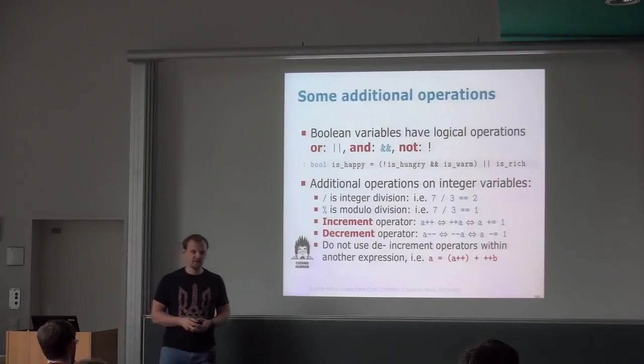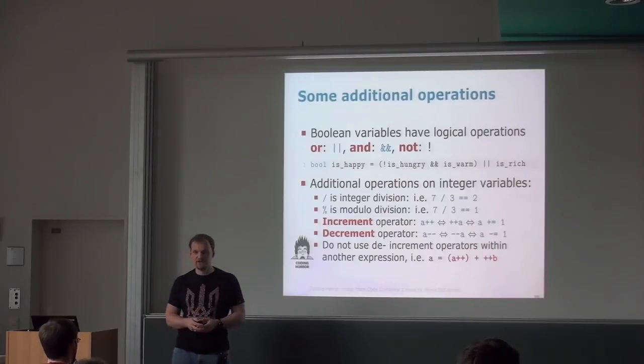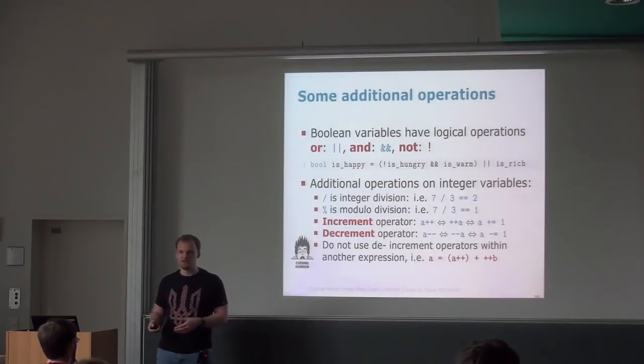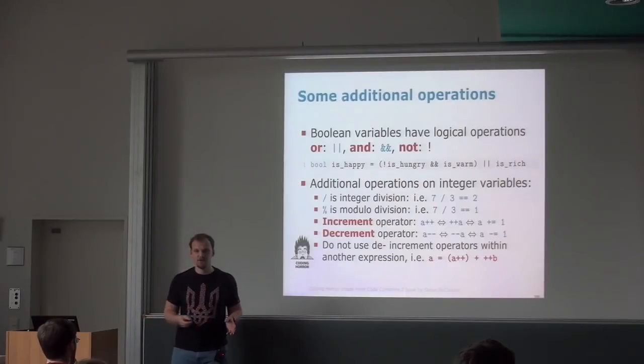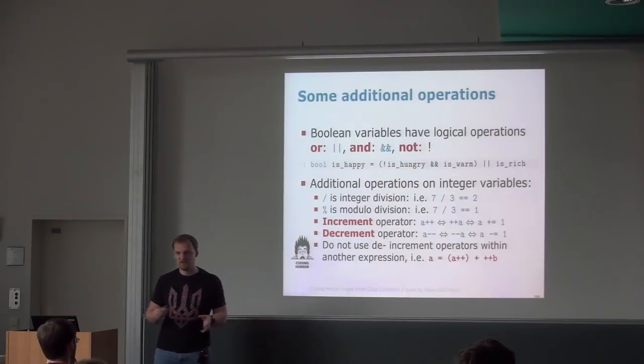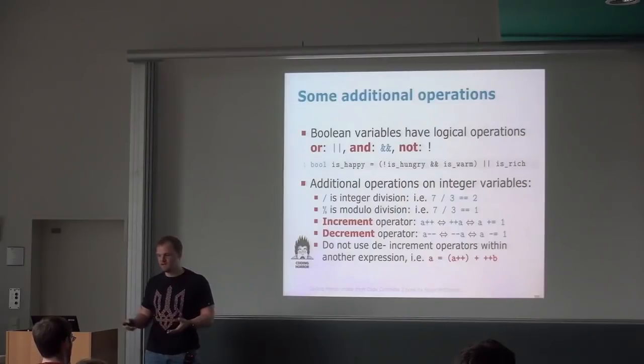All right, integer variables are a bit different. If you divide two integers, it will be an integer. It won't be a floating point number. It will not convert automatically. If you want a floating point number, you have to add a dot 0, for instance, after an integer. Otherwise, it's going to be an integer division.